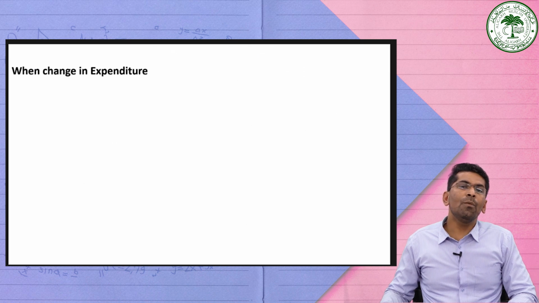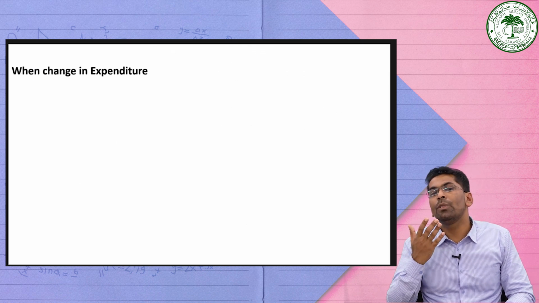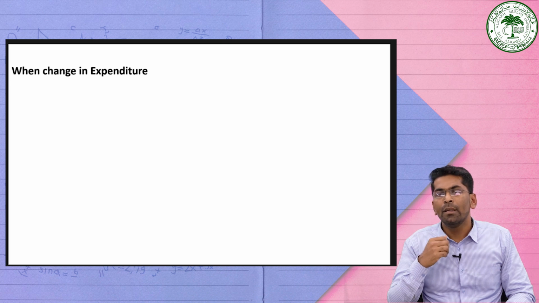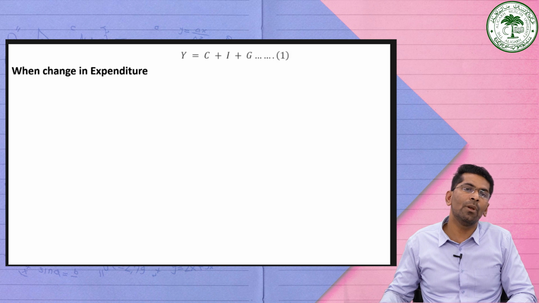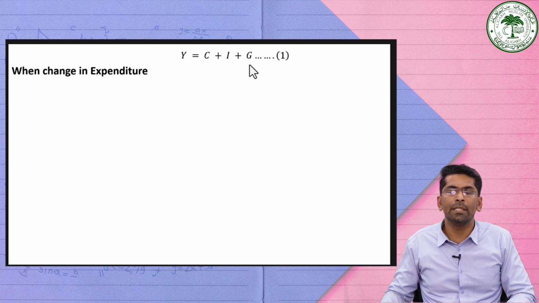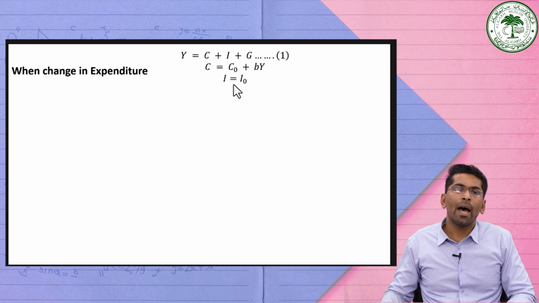Now, what happens when the government changes its expenditure? Let us see what happens if the government changes its level of expenditure. The first equation we assume is Y is equal to C plus I plus G, which is equation number 1. C is equal to C0 plus BY, I is equal to I0, G is equal to G0.